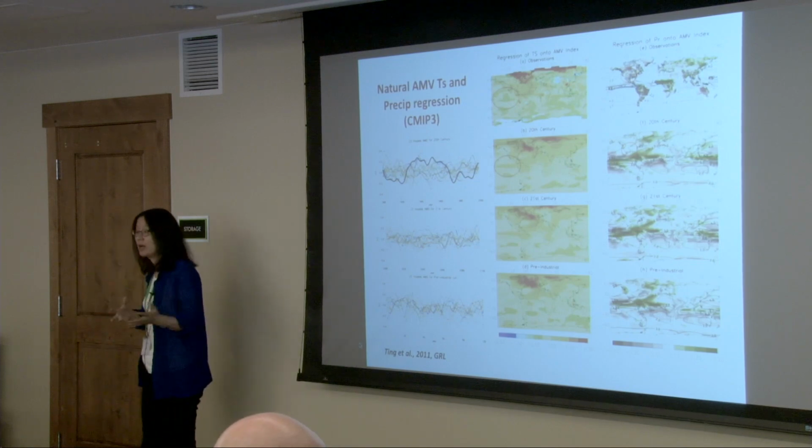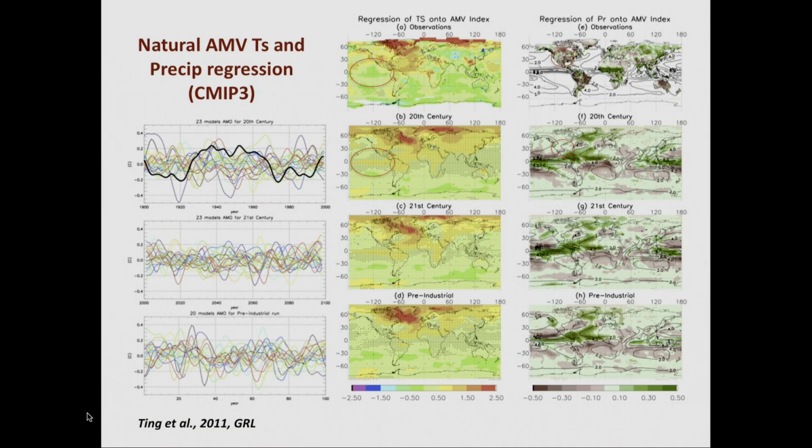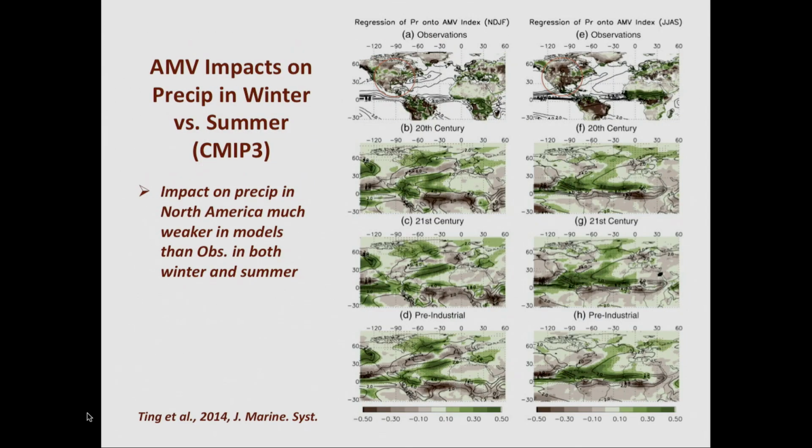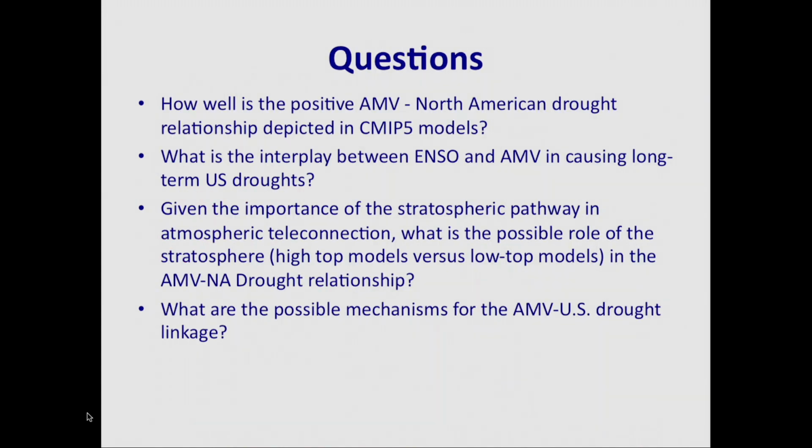The lack of hydroclimate response in North America and this bias in the model seem to have AMV positive linked to the warm phase of ENSO. And here, looking at both winter and summer season, the bias seems to be there. The observation has a much stronger linkage, so I'm going to just skip that.